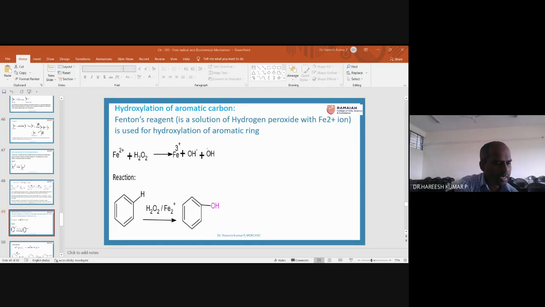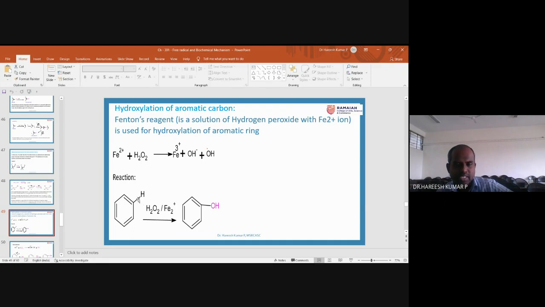So hydrogen peroxide, when it is treated with ferrous ion, is split into hydroxyl radical and hydroxyl anion. The obtained hydroxyl radical reacts with benzene.